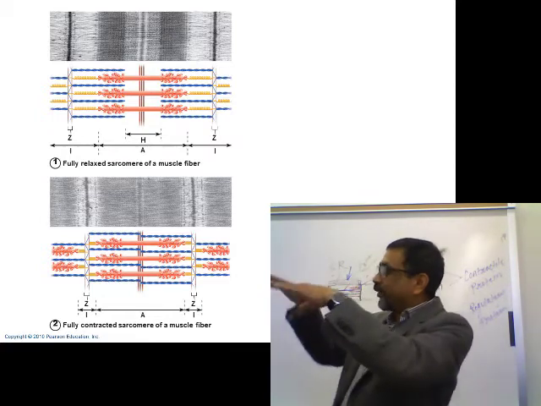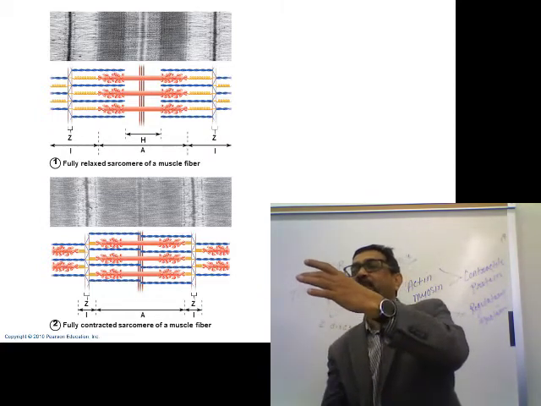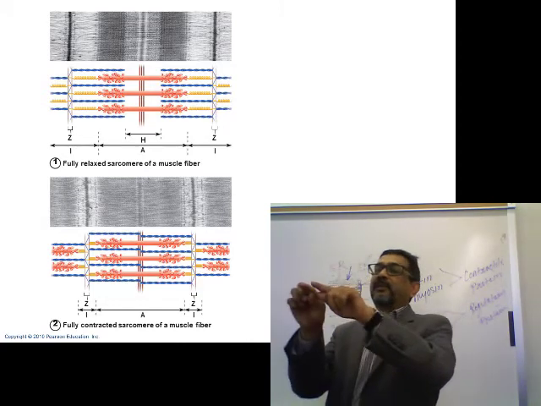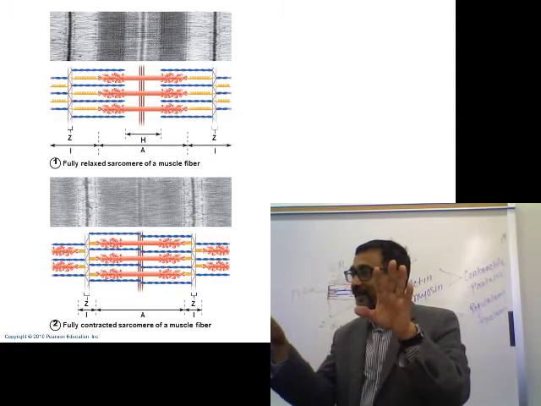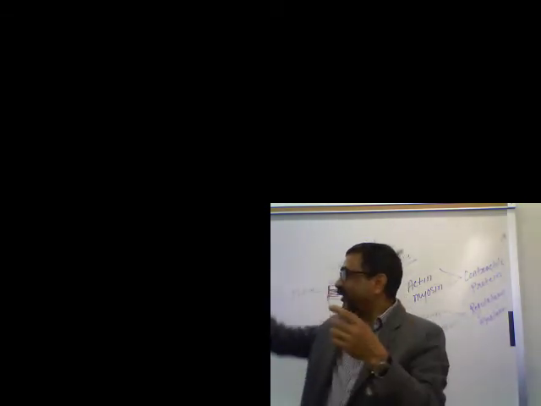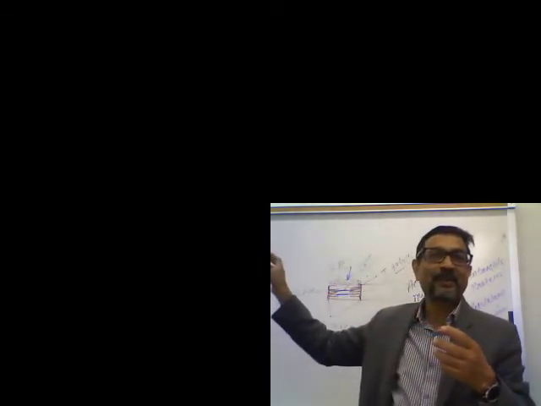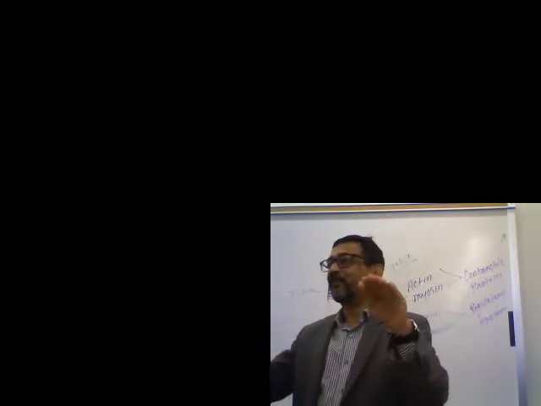So when we put a sarcomere on the slide and pass the light from the bottom, in areas that have more structures, light will be blocked more. Areas with fewer structures, light will easily pass. That's why you see the dark and white areas. White means you have less structure there, so light is easily passing. Dark means light is being blocked.